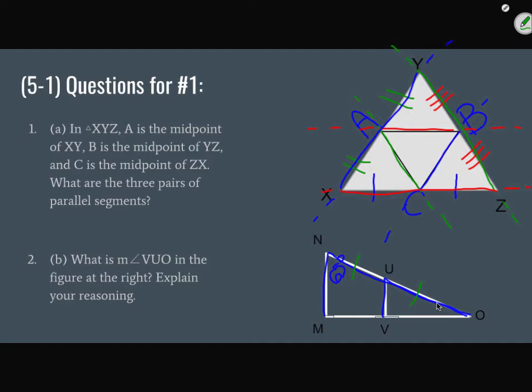And then we have V is the midpoint of MO. So MV is congruent to OV. So if we go up and draw a line, and then we have the transversal.